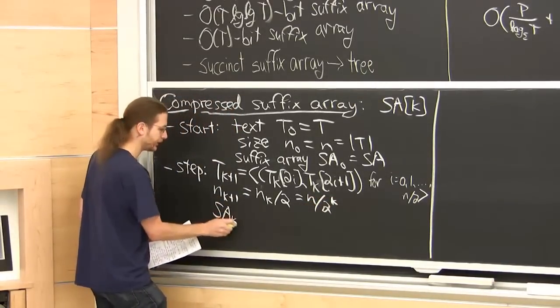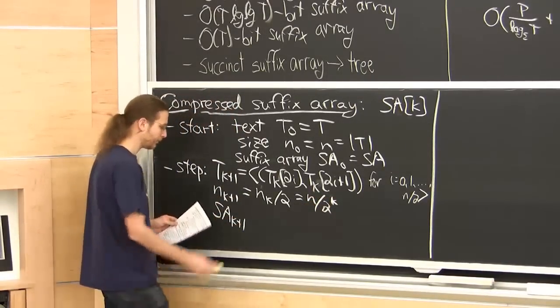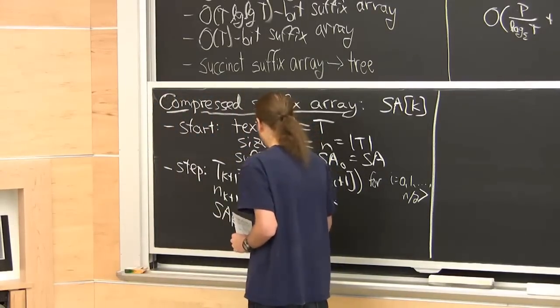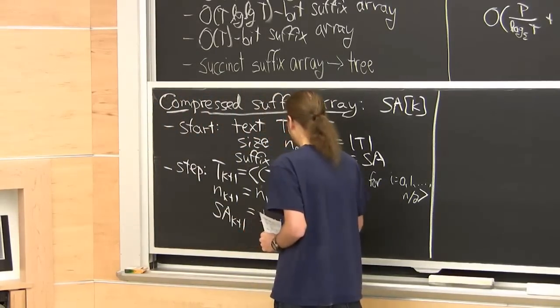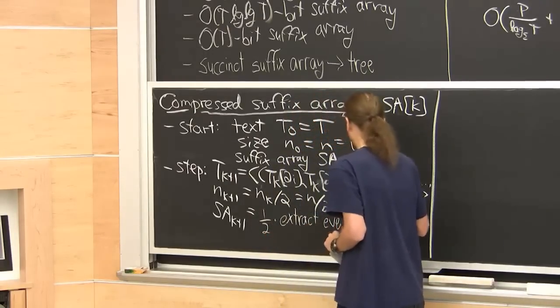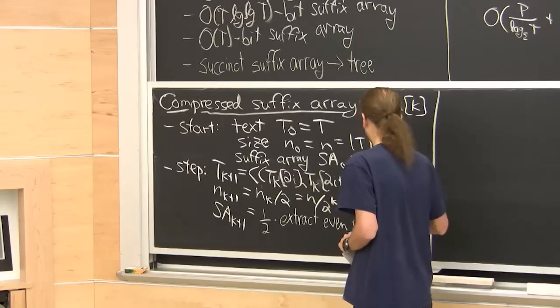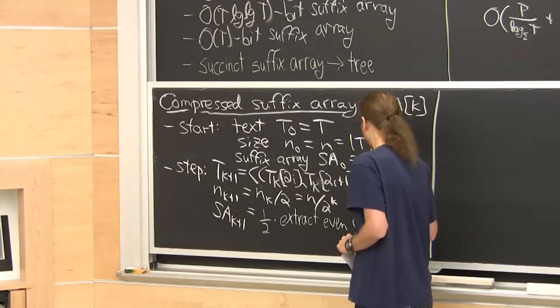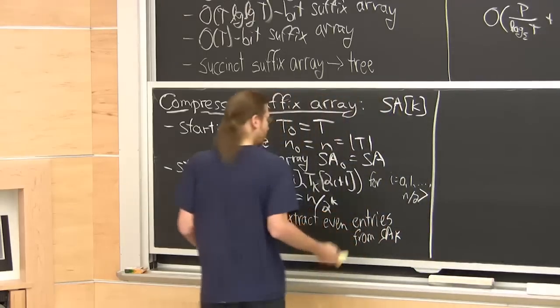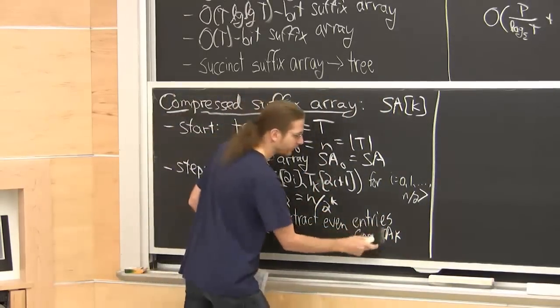And then we're interested in the suffix array SA_{k+1}. This is going to be just looking at the even values. So if we extract even entries from SA_k, so if we already have SA_k, you just take the even values that are in there.